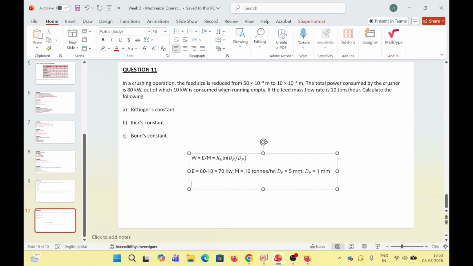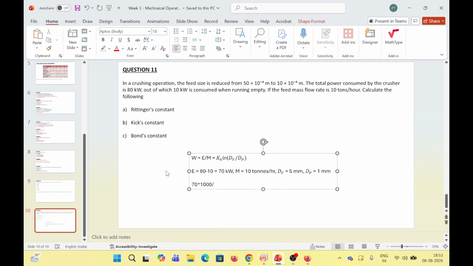So if you are going to calculate based on this, you can easily calculate your Kk, that is Kick's constant. So it is 70, just a second. It should be like this. It is 70 times 1000 divided by 10 tons per hour.